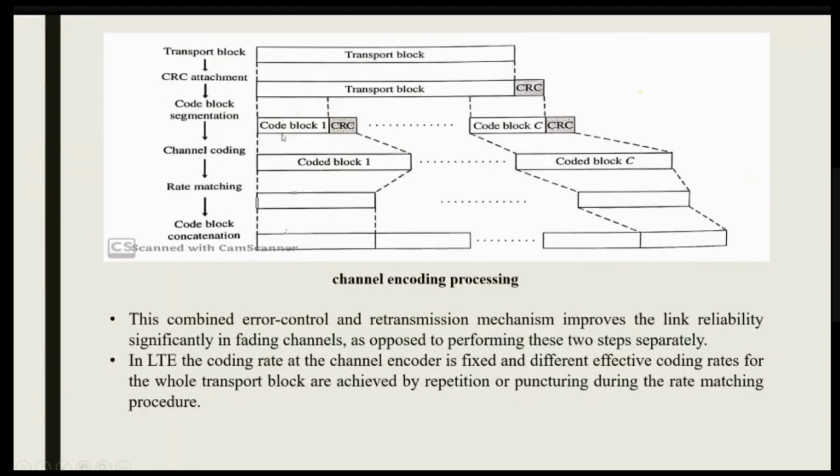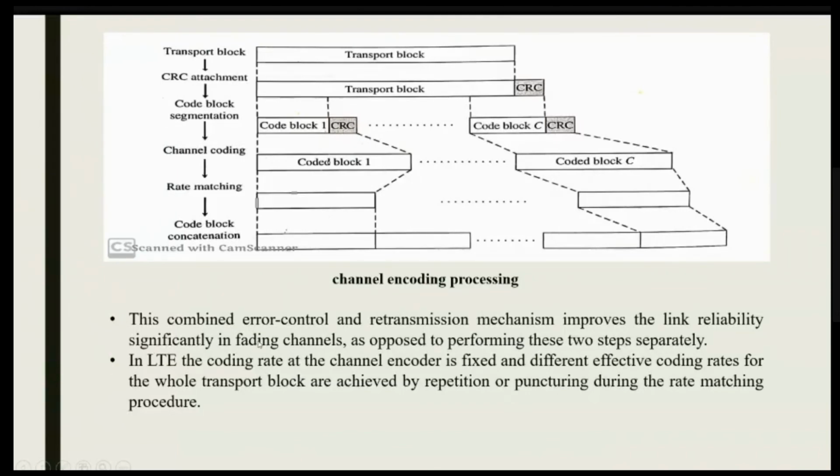Then these code blocks are coded, which we call channel coding. After channel coding, code block 1 and CRC is converted into coded block 1, continuing up to coded block C. Then the rate matching process is carried out. Then the code block concatenation process is carried out in this encoding process.